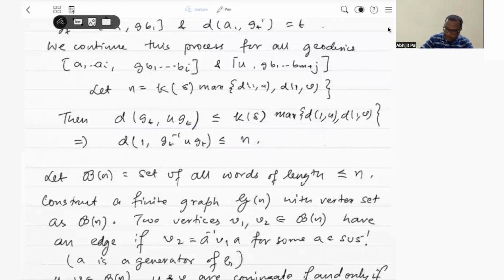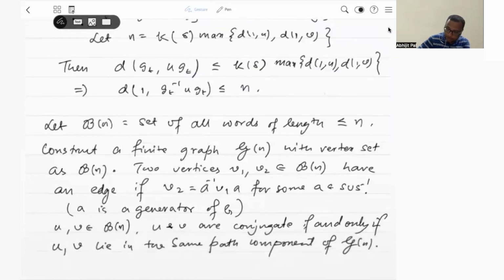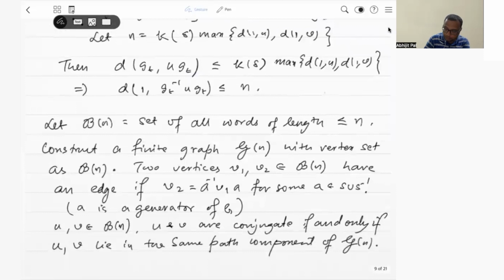Here I have taken this n to be equal to K delta times the maximum of the distance between 1 to U and 1 to V. Okay. So now what do we want?